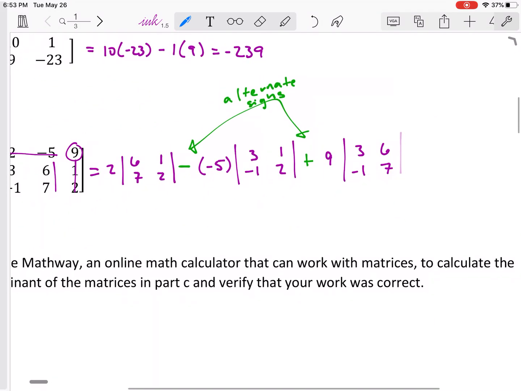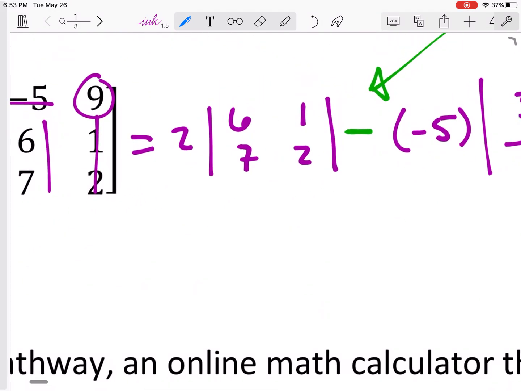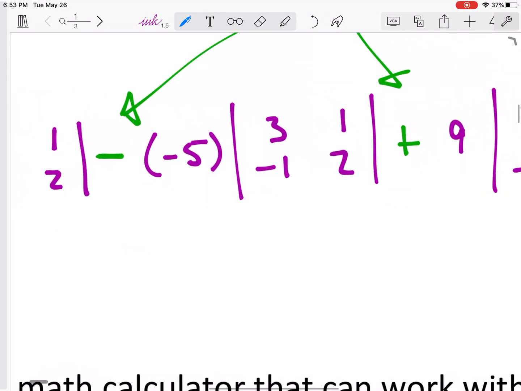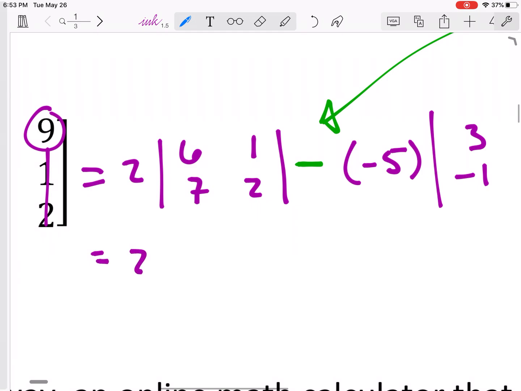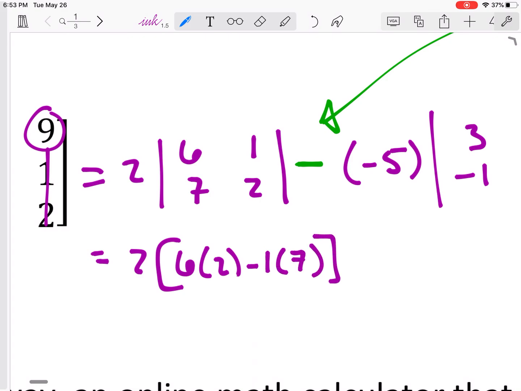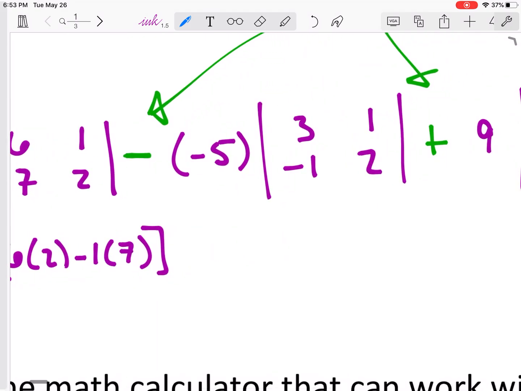Oh, what a mess. Now I have to sit here and calculate the determinant of each of these matrices. So this will be 2 times, well, 6 times 2 minus 1 times 7, minus negative 5.